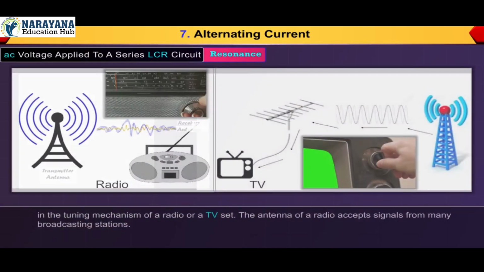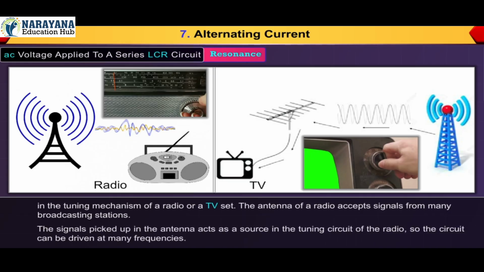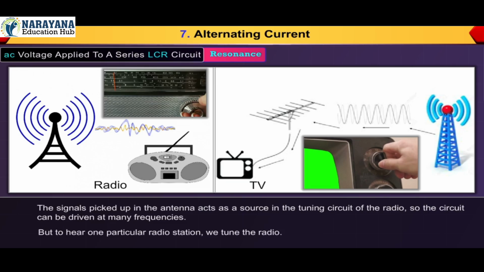Resonant circuits have a variety of applications. For example, in the tuning mechanism of a radio or a TV set, the antenna of a radio accepts signals from many broadcasting stations. The signals picked up in the antenna act as a source in the tuning circuit of the radio. So the circuit can be driven at many frequencies, but to hear one particular radio station, we tune the radio.